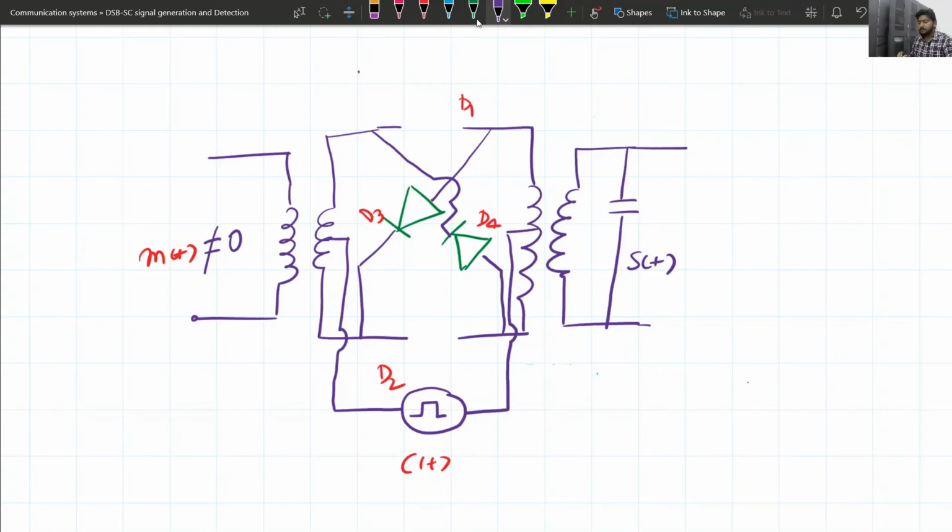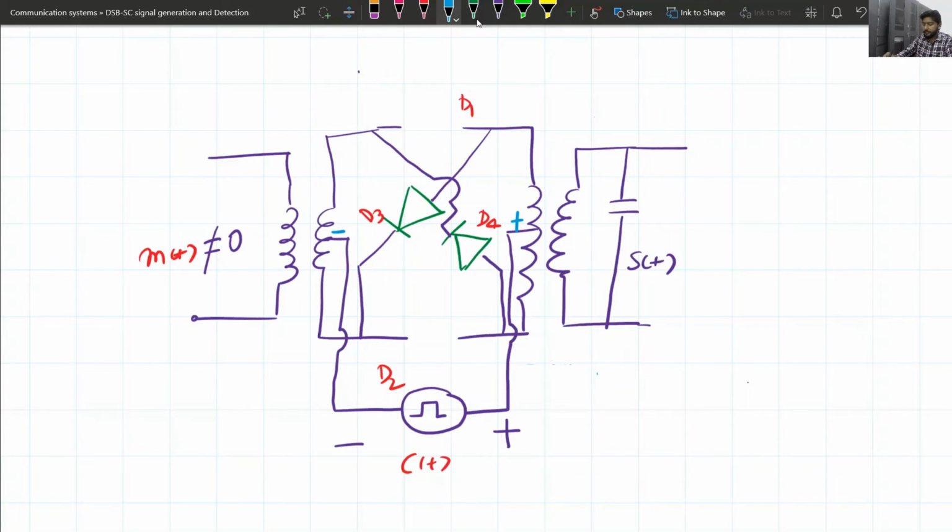Now in this case, one thing to observe here, the polarity of CT is plus minus. Then here it is plus polarity, here it is minus polarity.